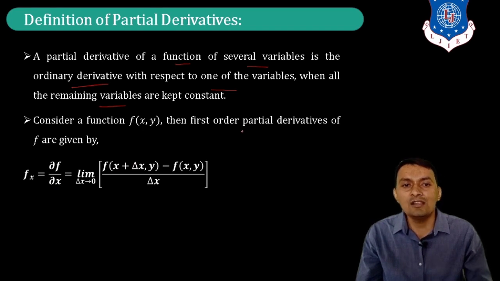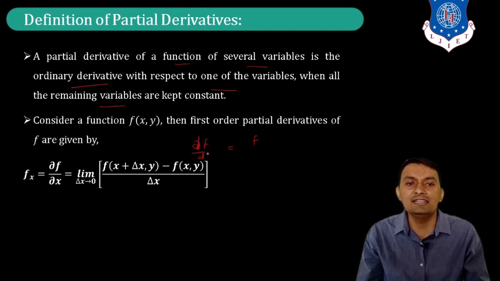What we are already familiar with is a function of one variable, where df by dx is the limit as h tends to 0 of f of x plus h minus f of x, divided by h, and that was the definition for a function of one variable.